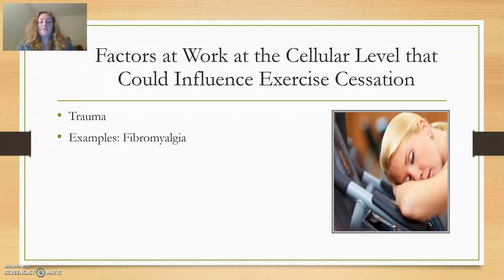A good example of that is fibromyalgia, which is a constant pain across your body that goes on for more than 3 months. When you're in constant pain, you're not going to want to exercise. So fibromyalgia happens within the body, which causes you to stop exercising.